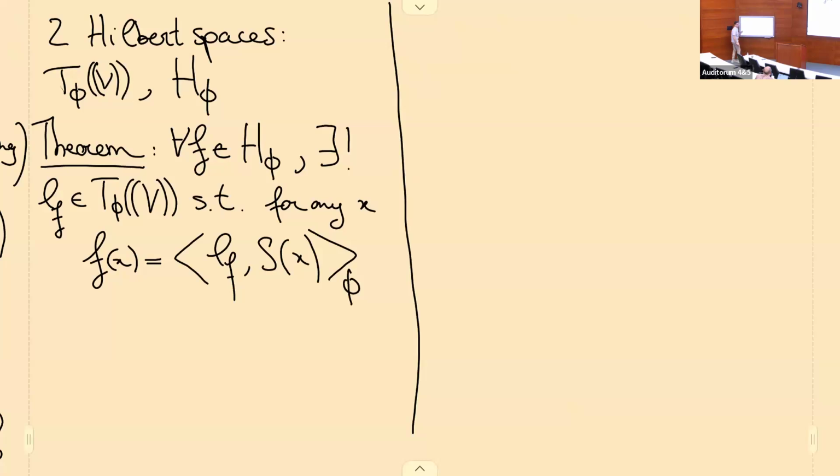Furthermore, the map that associates L sub f to f is an isomorphism of Hilbert spaces.